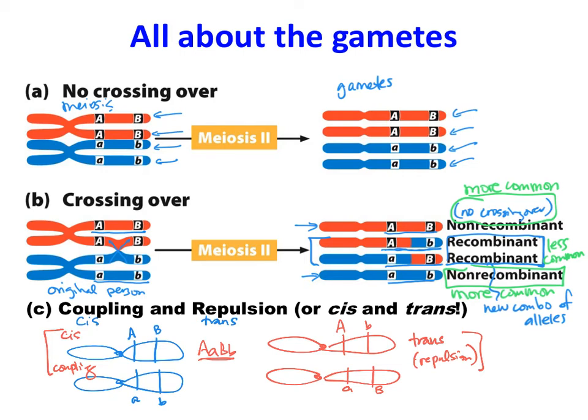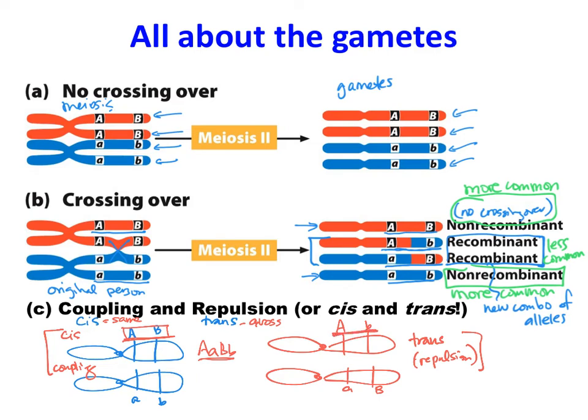So in organic chemistry, also if you think about double bonds and fatty acids, cis means same. Trans means across or opposite. Here in cis, we have the same alleles, that is a big A and a big B on one chromosome. In the trans chromosomes, we have a big A and a little b.